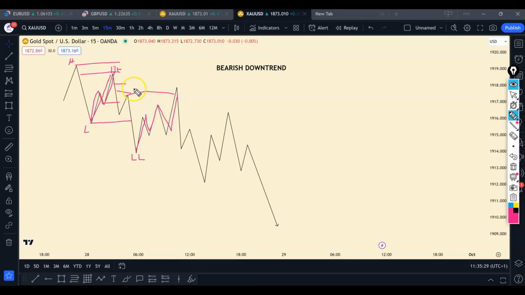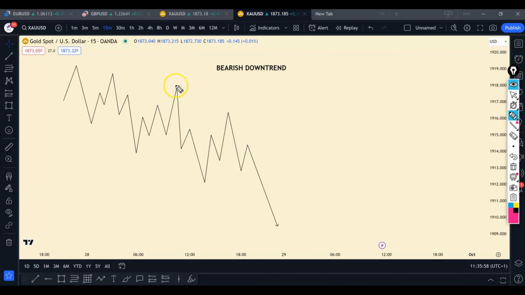Alright, market takes out this, taps into unmitigated areas here, whatever that could be for you. It could be a fair value gap. If you are trading fair value gaps, it could be order blocks, it could be supply and demand. It doesn't matter. Alright, what I want you to see here is defining structure. The structure is still very, very what? Bearish.